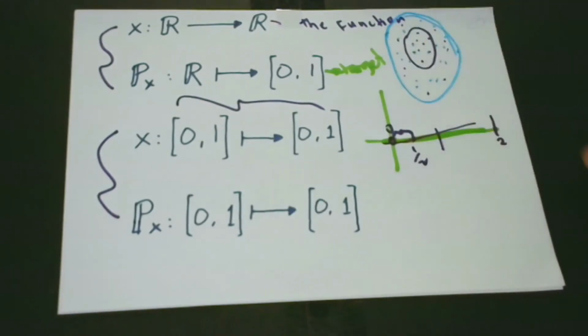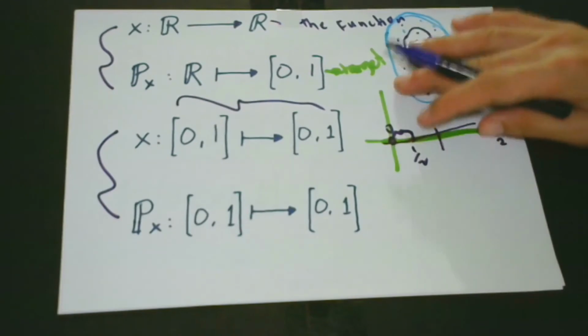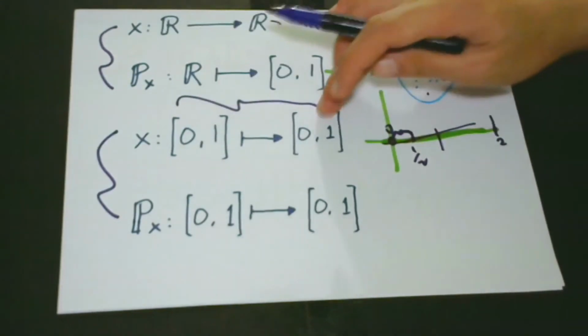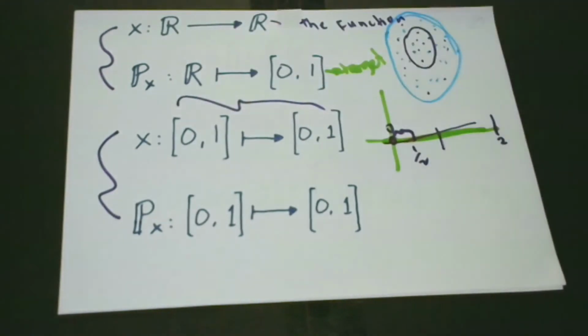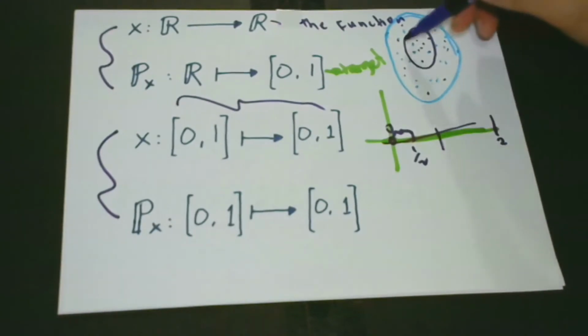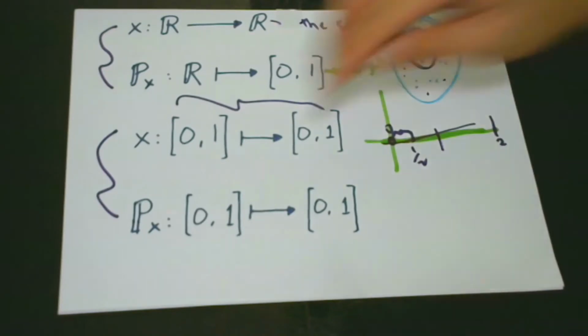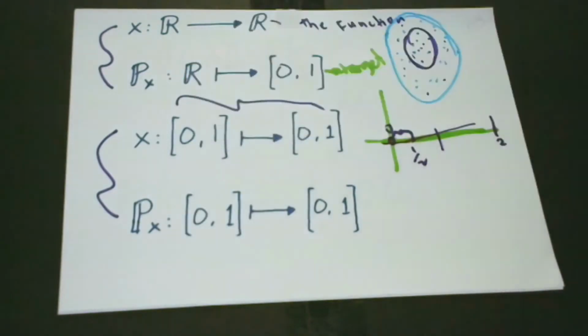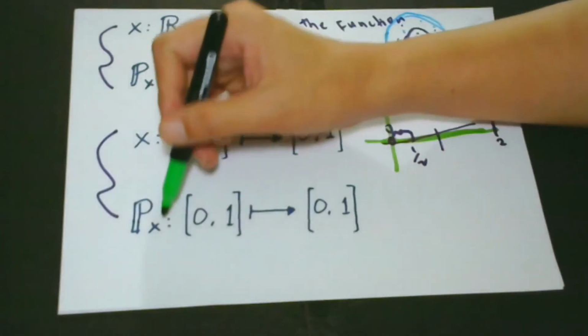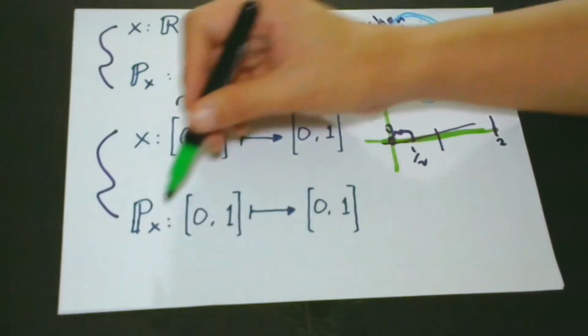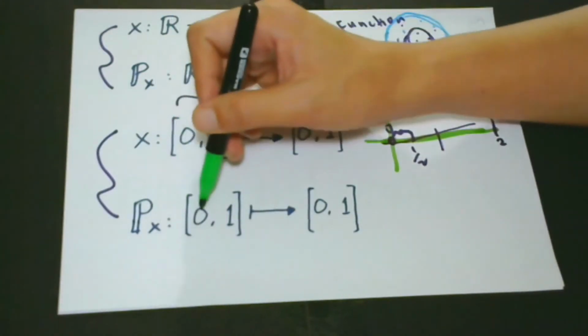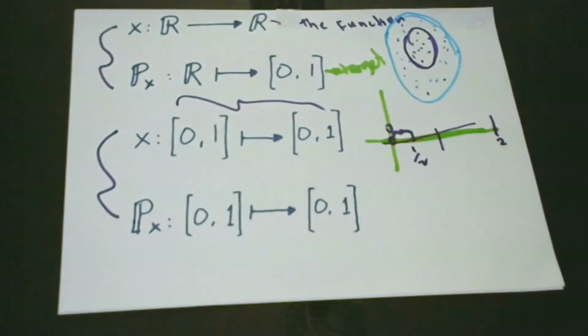But then we are not concerned with every point in the whole function. We only focus ourselves on what's in the subset inside the main function. So what is that? Here we have the probability measure of x defined as 0, 1 to 0, 1.